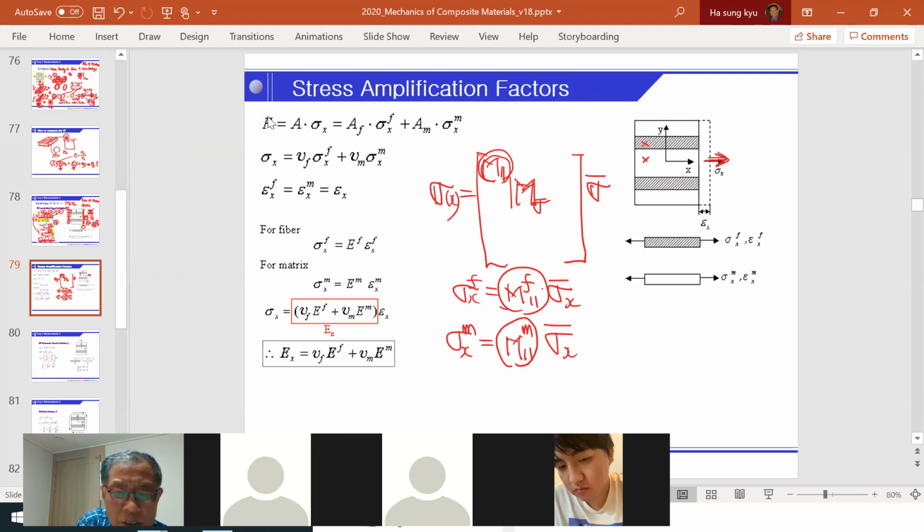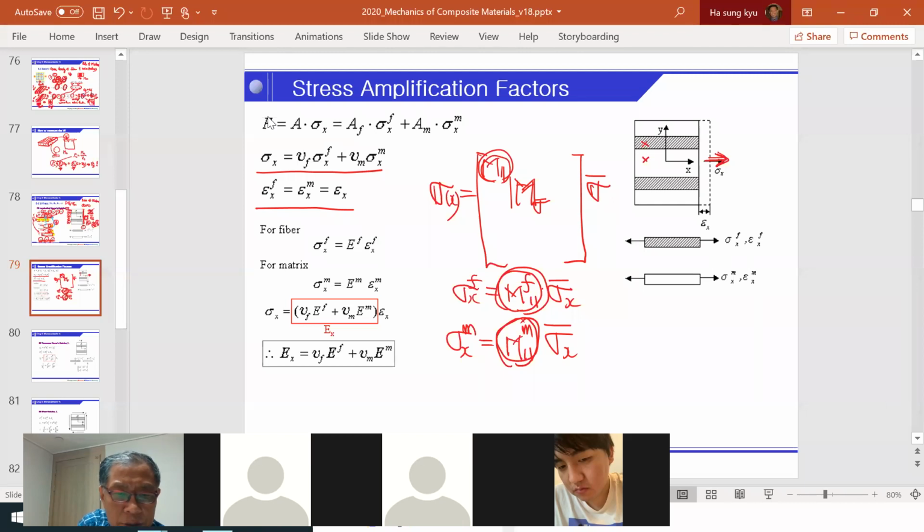How to calculate these two terms? Well, here I'm using these very important equations.